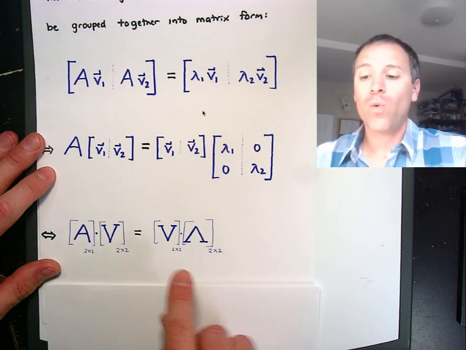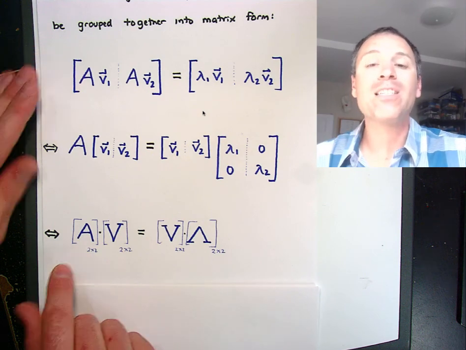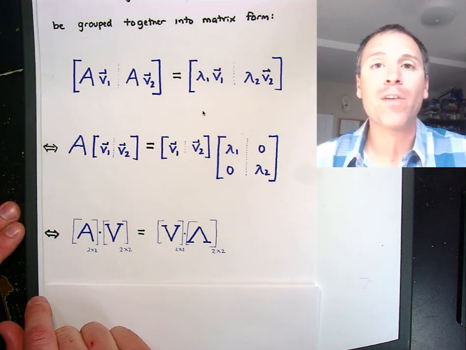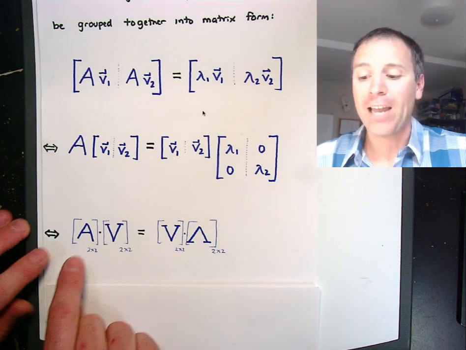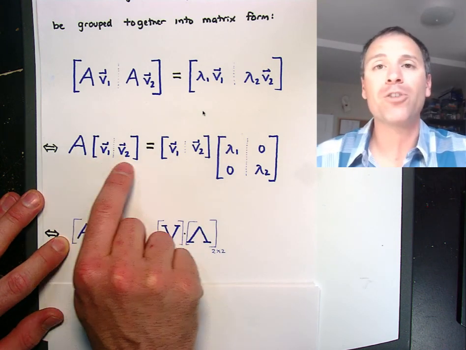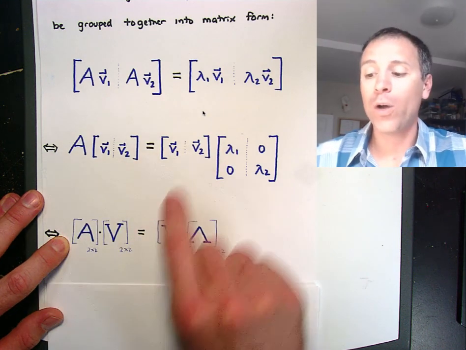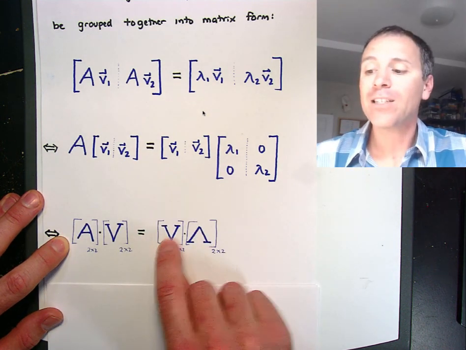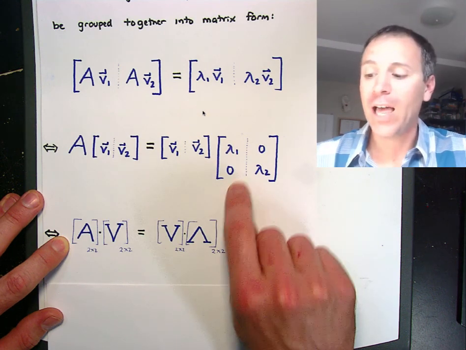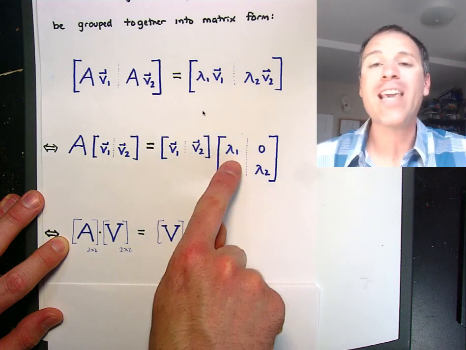That allows me to write the eigenvalue information in matrix form. This is later going to be known as a matrix factorization. Do you see the theme? In fact, A times the matrix V, where the columns of the matrix V are the eigenvectors of the matrix A, is going to be that same matrix V times a diagonal matrix lambda, where the main diagonal elements of that matrix are the eigenvalues.